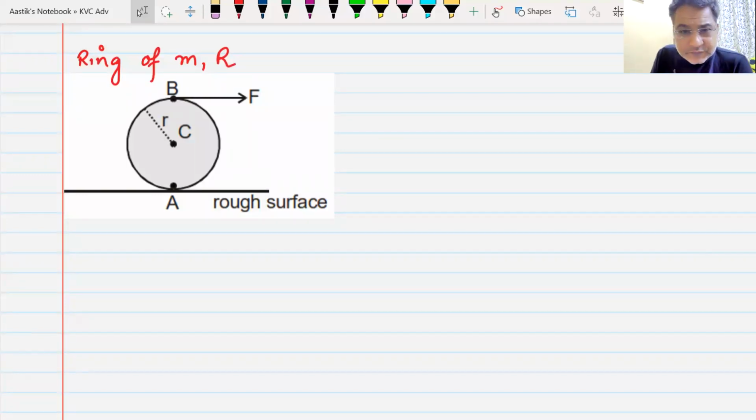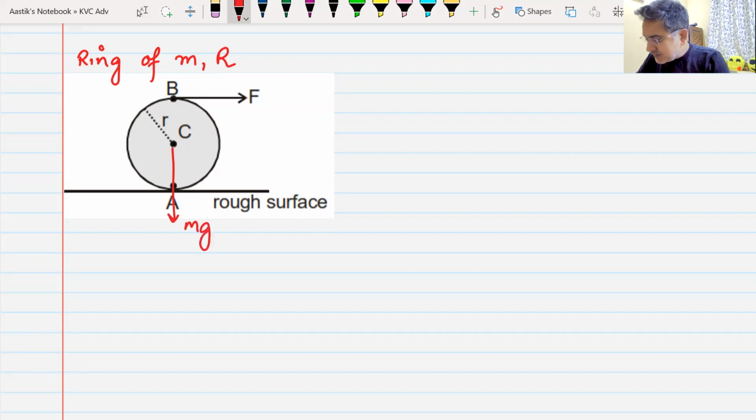Tell me, how did you get it? In this case, what is the direction? First of all, let me draw the free body diagram. This is mg. What is the direction of static friction here?